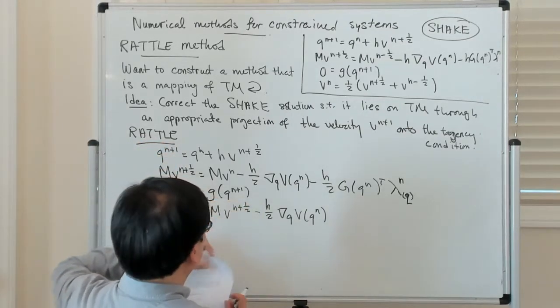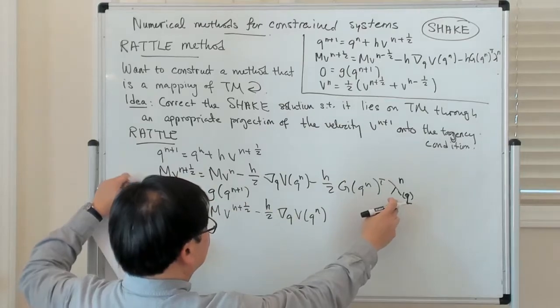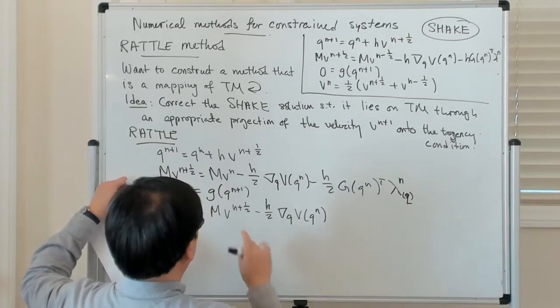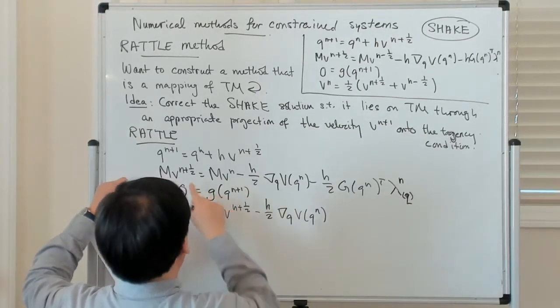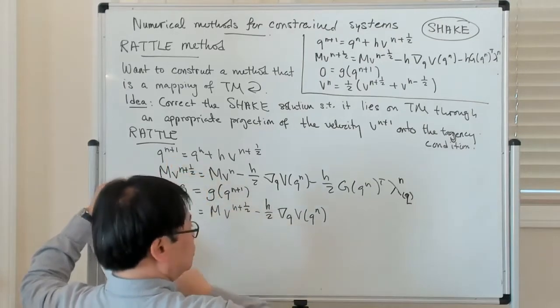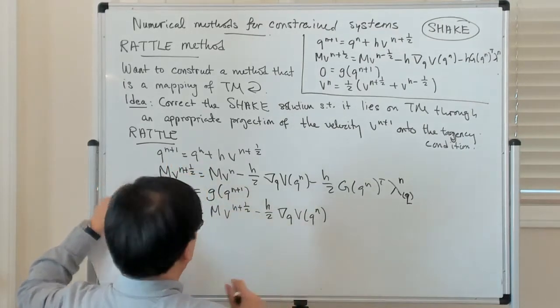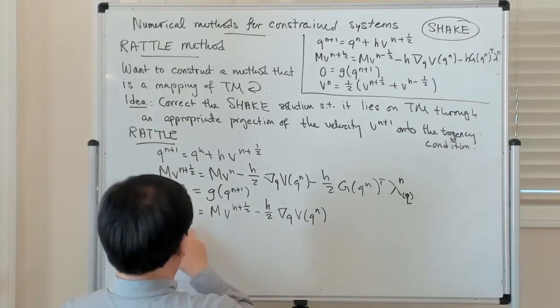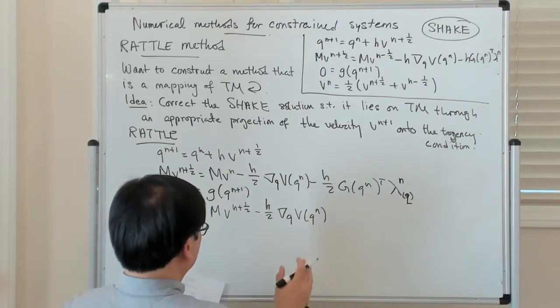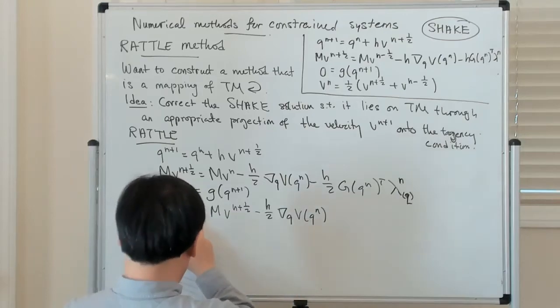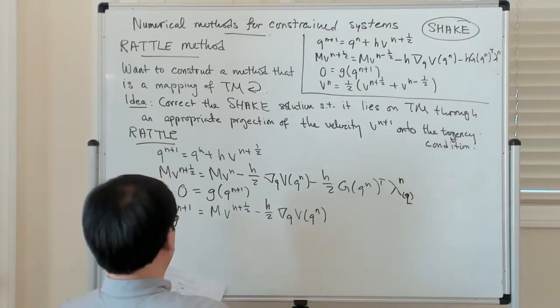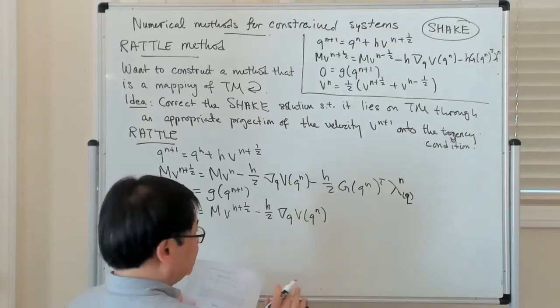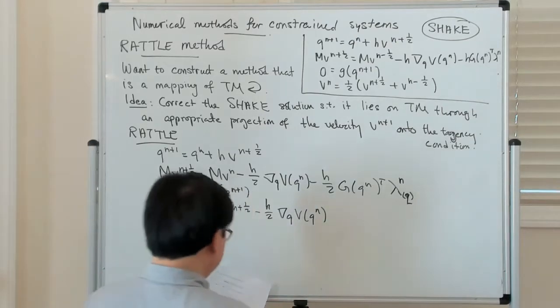And there is freedom here through this lambda sub q term, and the constraint is to guarantee that this q_{n+1} stays on the constraint configuration manifold M. Then the second piece is aimed to guarantee that v_{n+1} is on the tangent space TM.